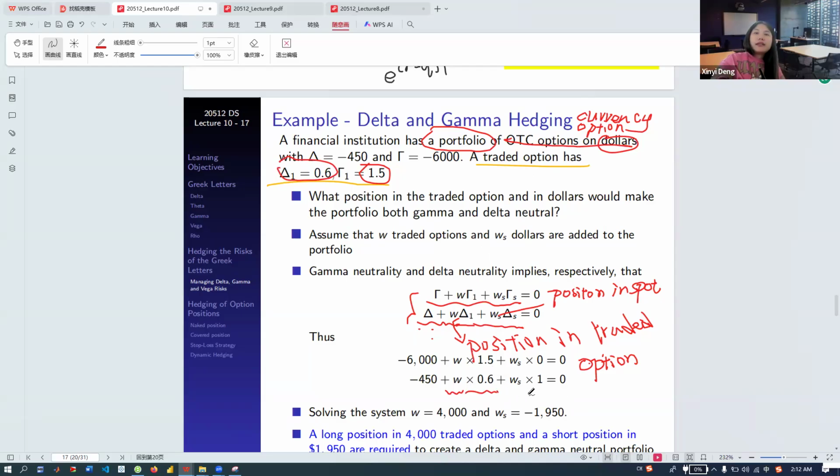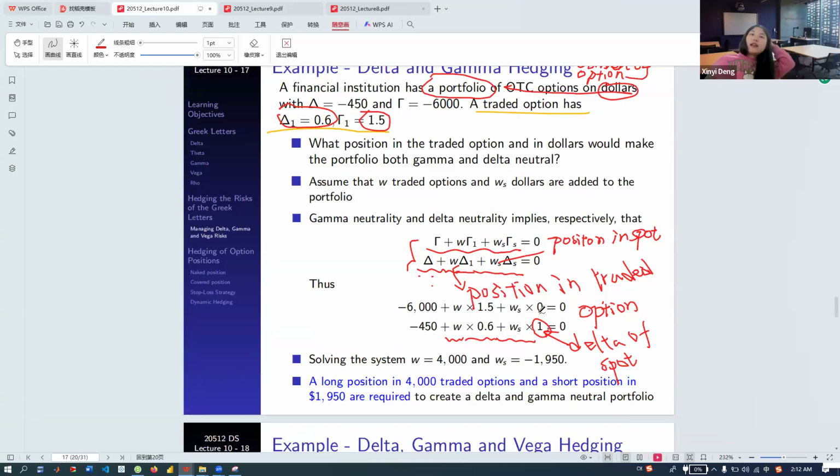And then you plus WS, the position in the spot, times 1, which is the delta of spot. And then you let that portfolio delta be equal to 0.